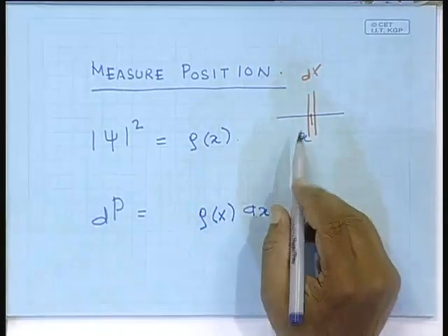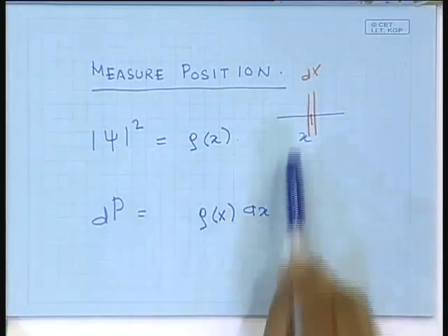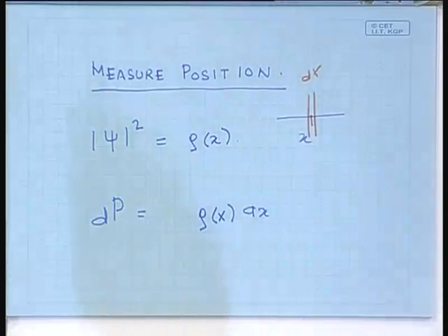So, rho of x into the interval dx gives me the probability of finding the particle in this small interval around the point x. So, we can make some kind of prediction of what we expect if I make the measurement of the position of the particle. What we can do with the wave function is that we can predict the probability of finding it at any position.